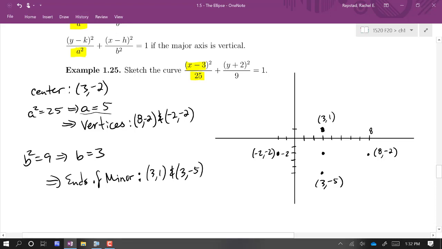And now I'm just going to connect with a smooth curve. They just asked us to sketch it, and if we're just trying to sketch, usually the vertices and the ends of the minor axis are enough information to get that done.